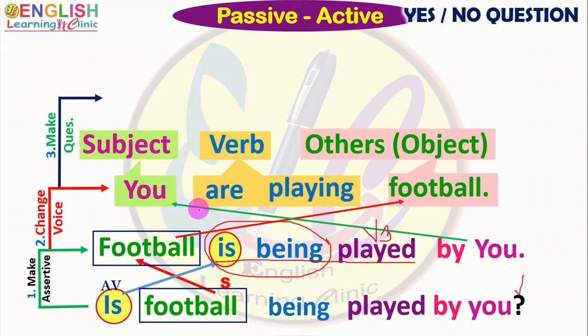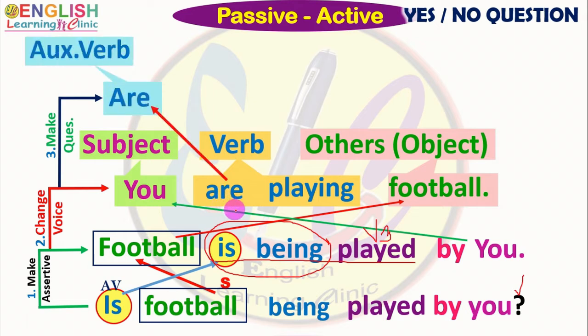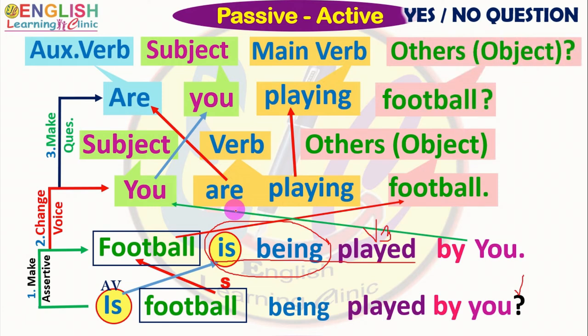To make it a question, the same procedure, just interchange the place of the subject and the auxiliary verb. That is, auxiliary verb will come first, next subject, next the rest part of the sentence will come one after another, and at the end of the sentence just put the note of interrogation. And this is the sentence with the active form of the verb of this sentence.